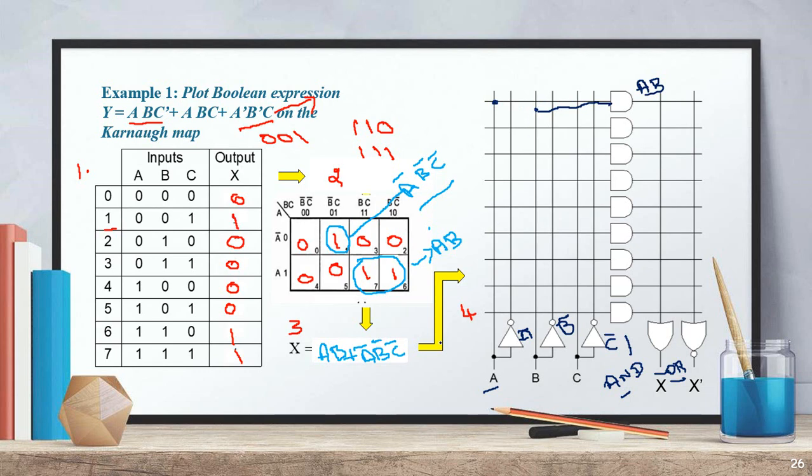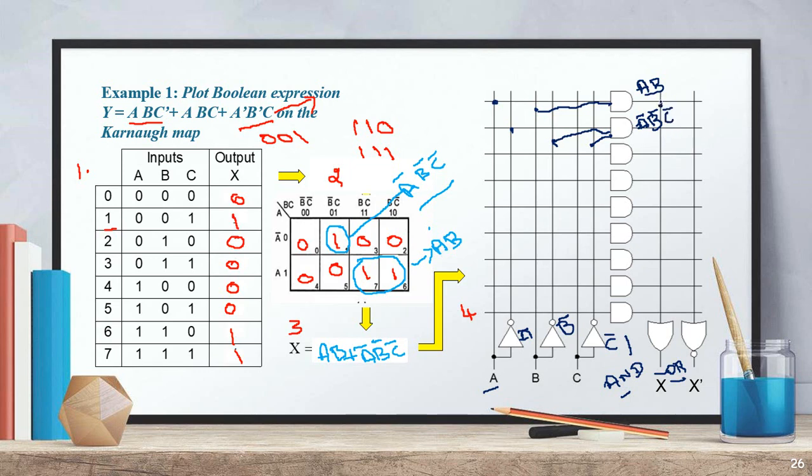Next we have A bar B bar C. So we can take that in this second case: here it is A bar and this is B bar and this is C bar. So C bar is there and B bar also there, A bar also there. So this equation is A bar B bar C, and these two we are adding.